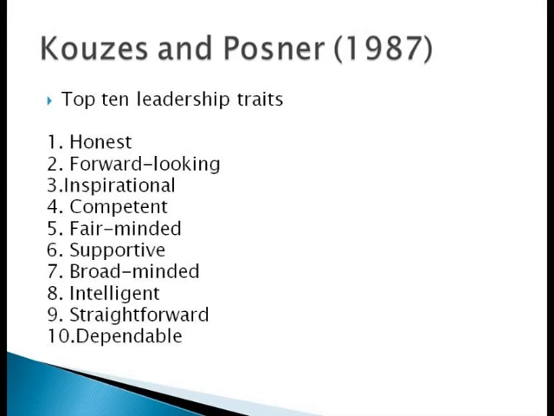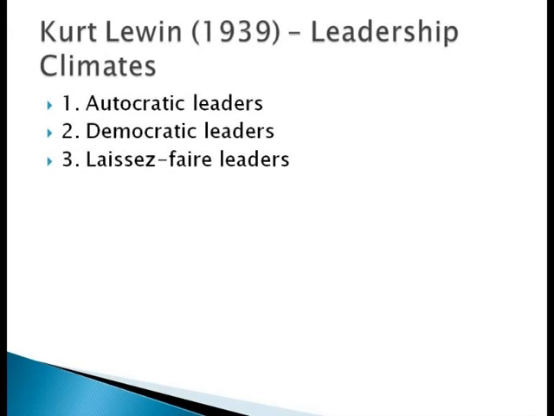We also have this other person, Kurt Lewin, that says leadership, there's not one type of leader. There are 3 different climates in which leadership takes place. There's autocratic leaders, there's democratic leaders, and laissez-faire leaders. Autocratic leaders tell people what they're doing. They make the decisions. They decide where they're going.